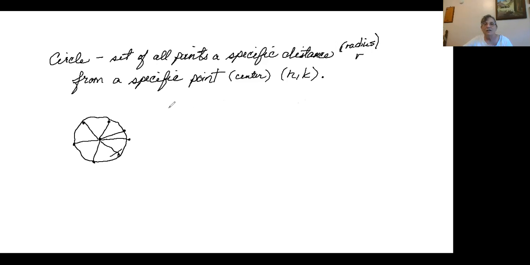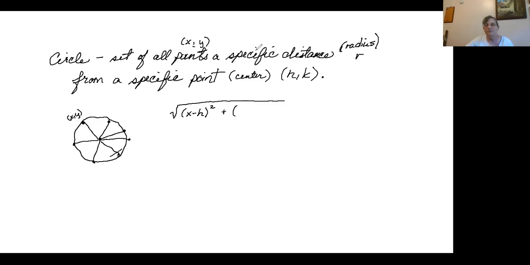So if we call these points that are on the circle XY, so this is an XY, and this is another XY, and this is another XY, then our distance formula, since it's a certain distance, would give us that the square root of the distance from X to H would be X minus H, and then we square it.